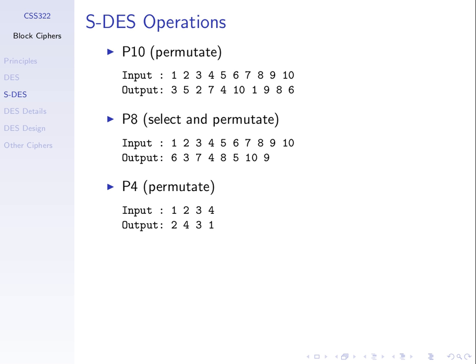In digital circuits, it's easy to implement, and easy to implement in hardware as well. P8 takes 10 bits as input, these 10 bits, and selects and rearranges.